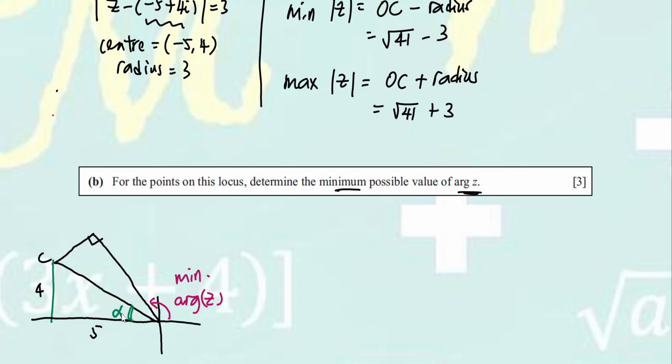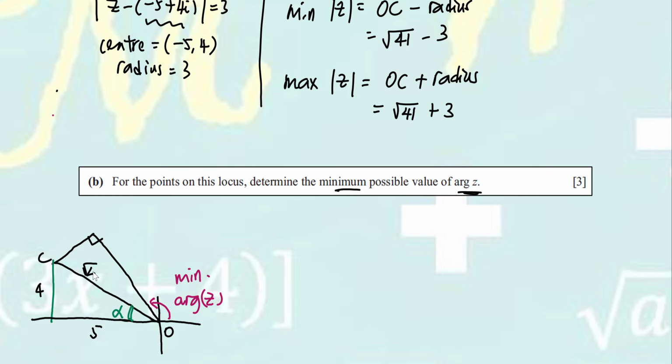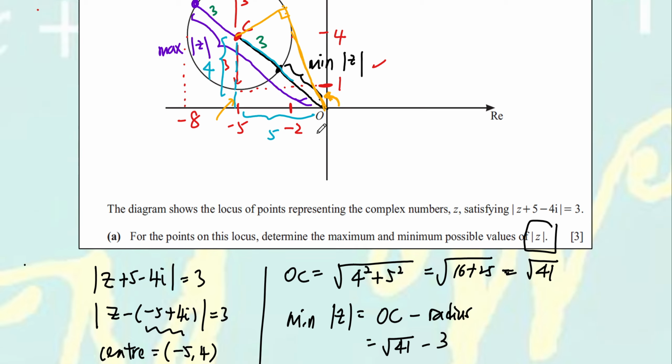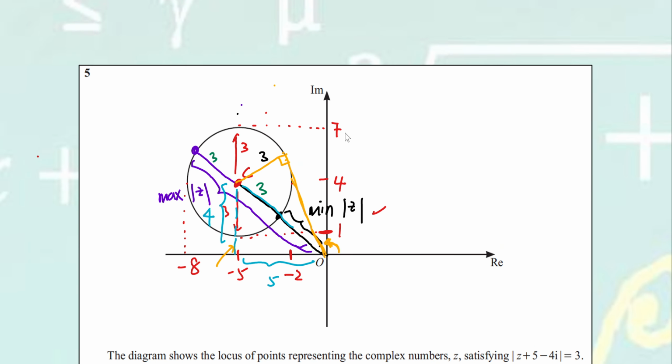Let it be alpha. Just now we have calculated the OC. The OC is square root 41. That means this is square root 41. And this C to the point here is the radius, which means it's 3 units.